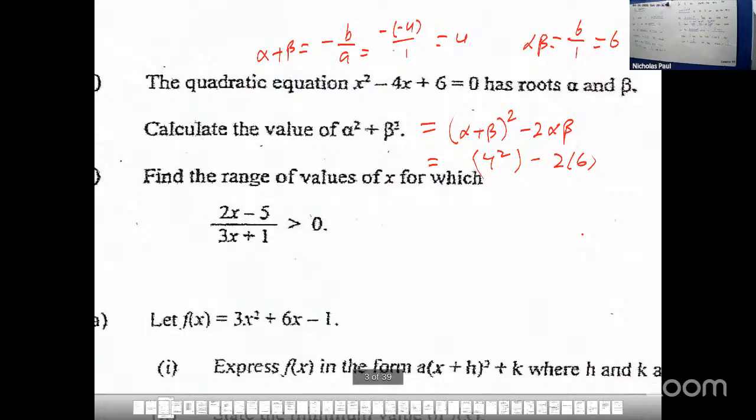I have 16 minus 12, so the answer is 4. Not 0. So you just have to remember the formulas. Some of them you have to learn, some you have to simplify and get it. Do the next one.